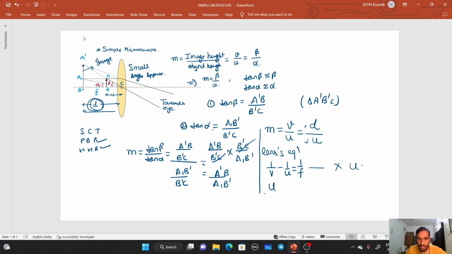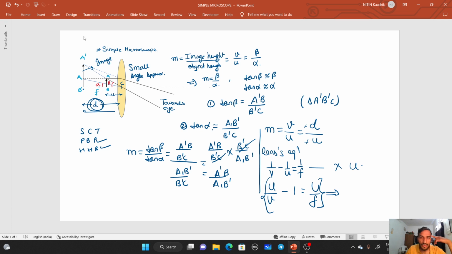So we will get u by v minus 1 is equal to u by f. Now how can we further do it? You can simplify it this way also, and the way which I have told you in the previous steps, right? So this is how we can derive the magnification of a simple microscope.